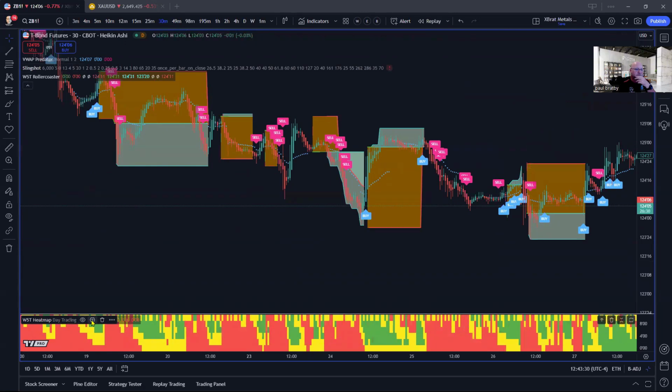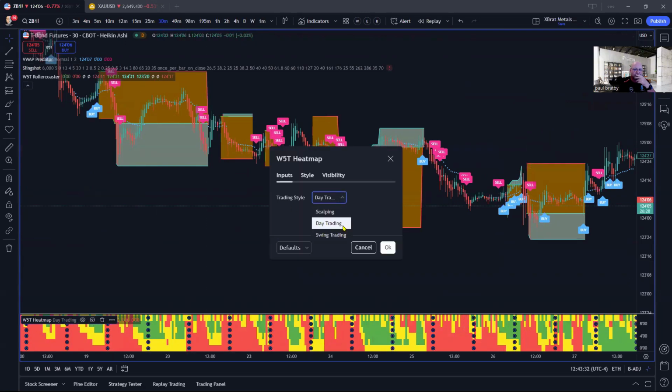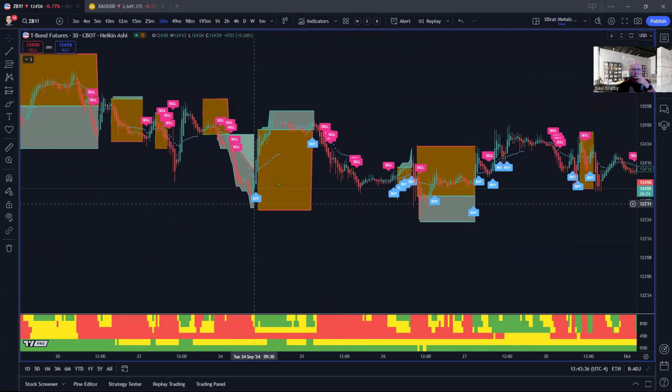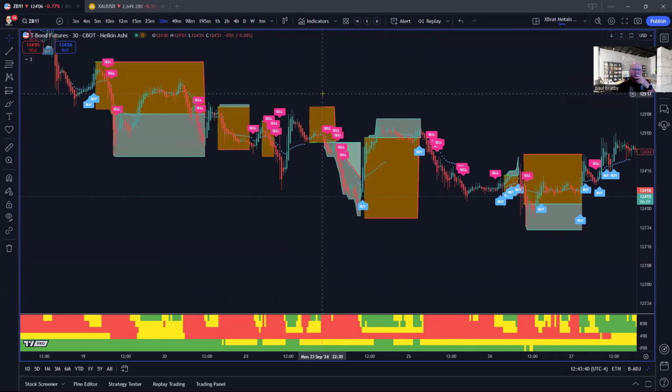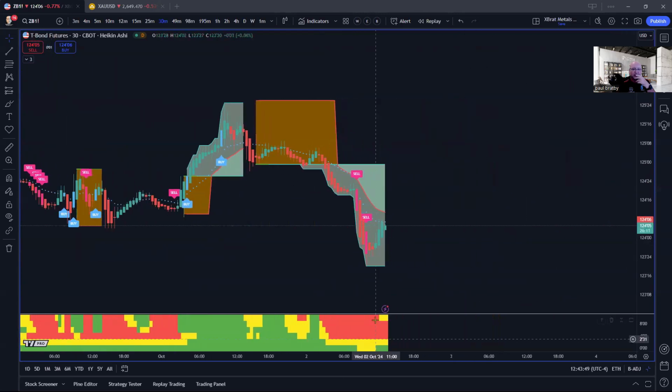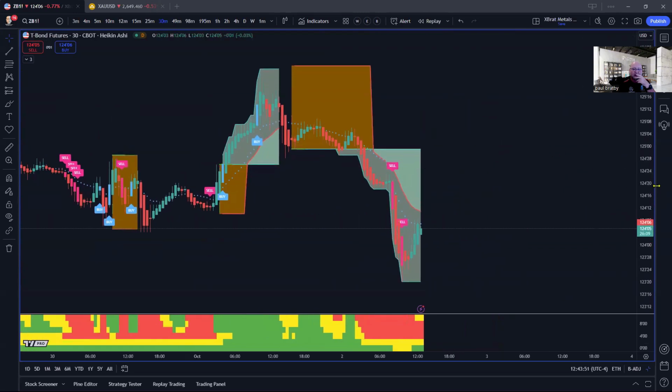Let me just change that to swing trading. And there's a really good move to add to ZB as well with the VWAP Predator. This latest move down was pretty strong.